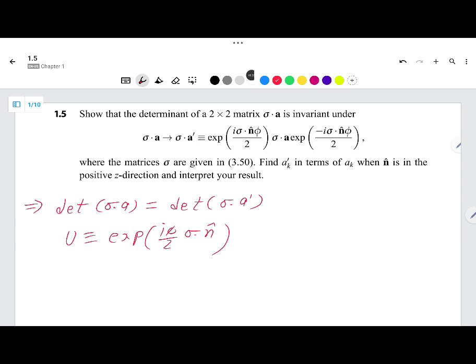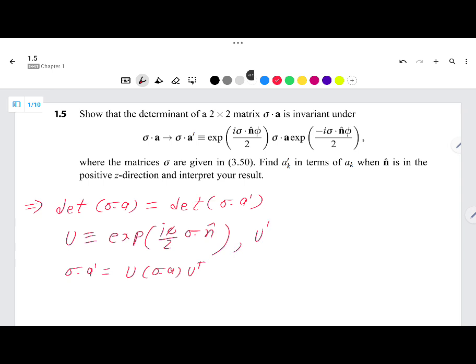Then I can write the sigma dot A prime as U sigma dot A U dagger, right?